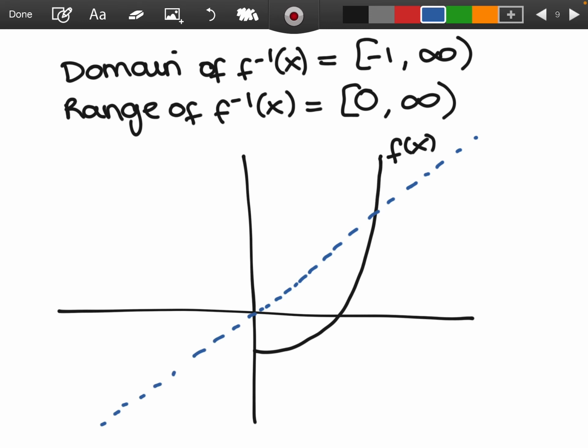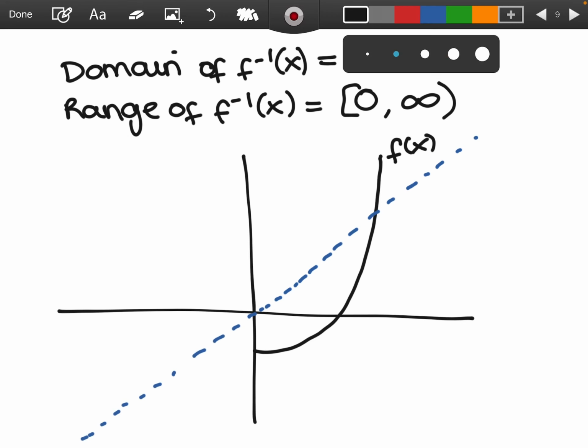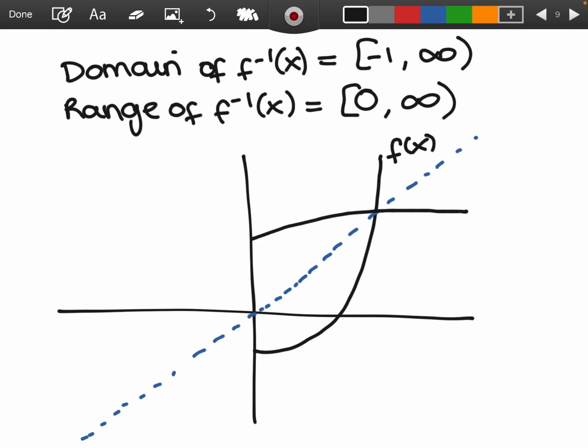If you then dot out what that y is equal to x line would look like, and then we can go ahead and draw a quick sketch of what f inverse would be. And you can figure out x and y intercepts, etc. This is just a very quick sketch. But this is how you would determine, number one, what the function is, number two, that domain and range, and three, a quick sketch of the graph.